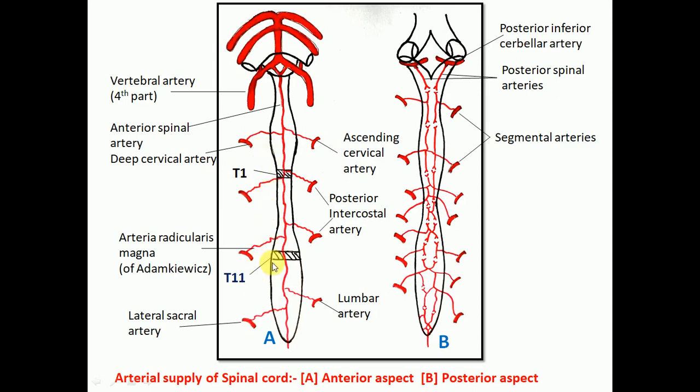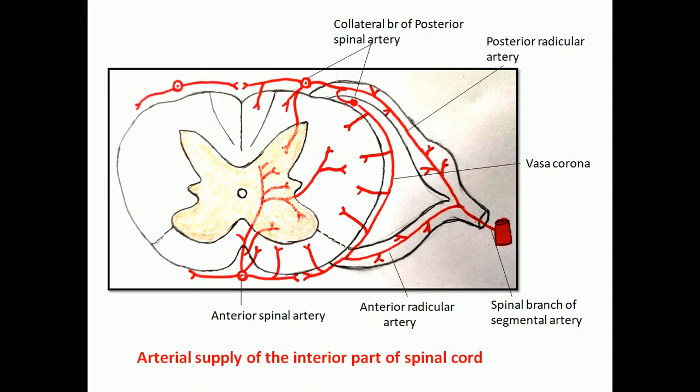So these segmental arteries are 8 in number on the anterior aspect and 12 in number on the posterior aspect. Another common feature is segmental arteries are larger and fewer in number on the anterior aspect, and smaller and more in number on the posterior aspect of the spinal cord. So this is about the arterial supply of the spinal cord.